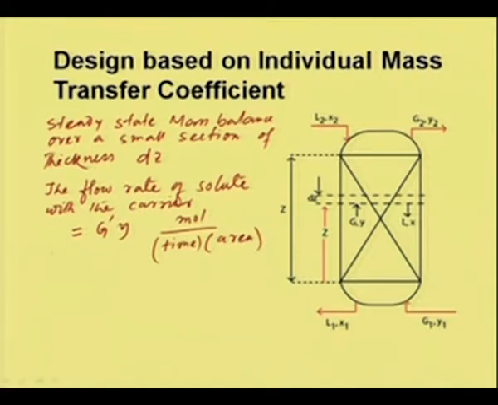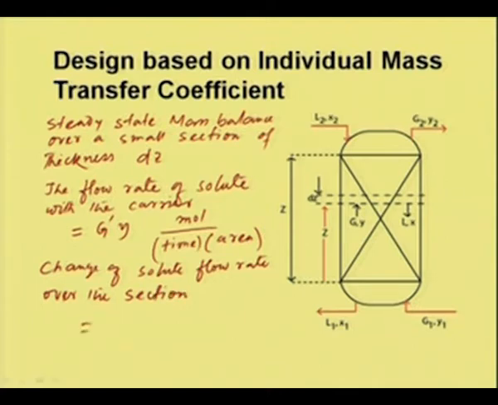Now, the change of solute flow rate over the section would be d into G dash y.